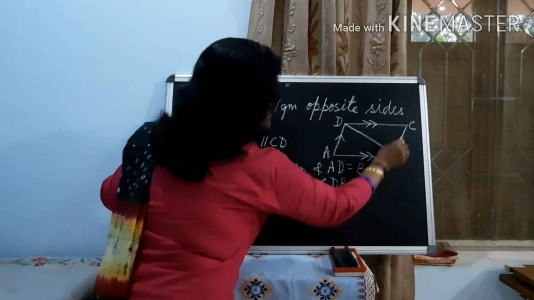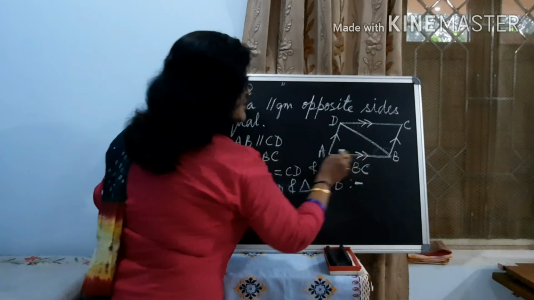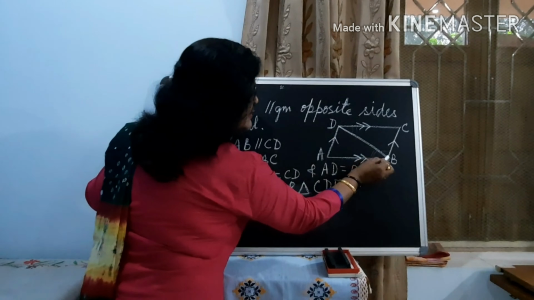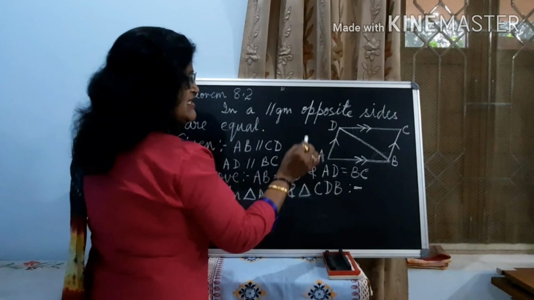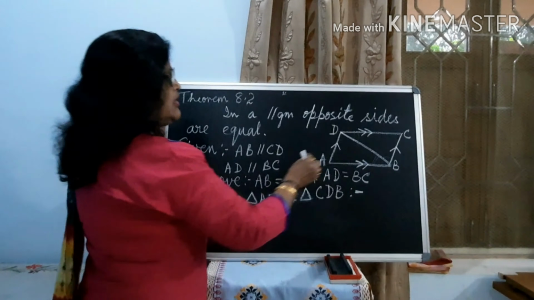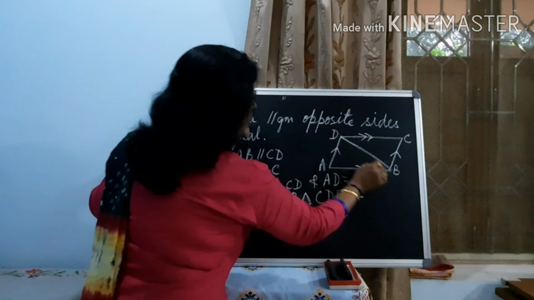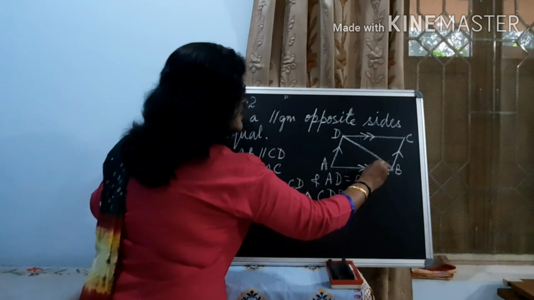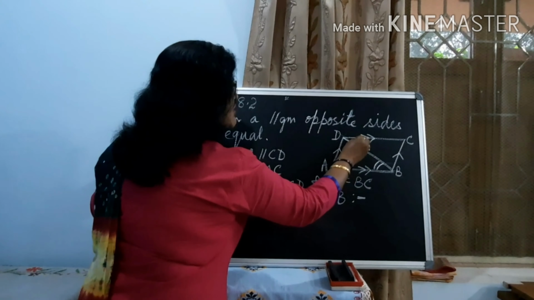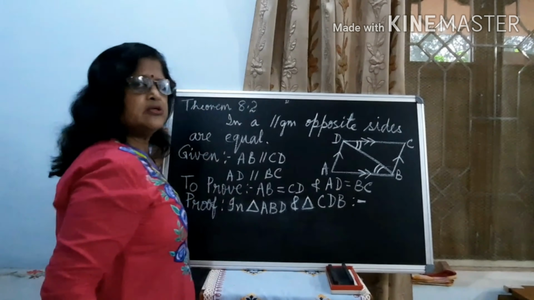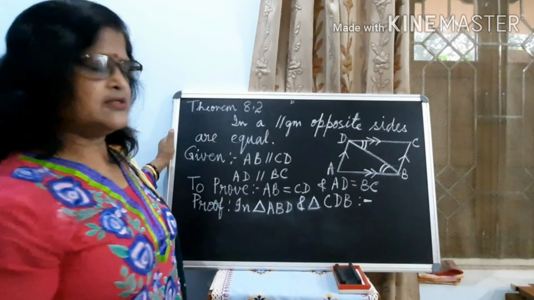This is parallel to this, this is parallel to this, and we have constructed the diagonal. Now the best part of what we are getting: if these parallel lines are intersected by a transversal, this angle will be equal to this angle. Why? Alternate interior angles.